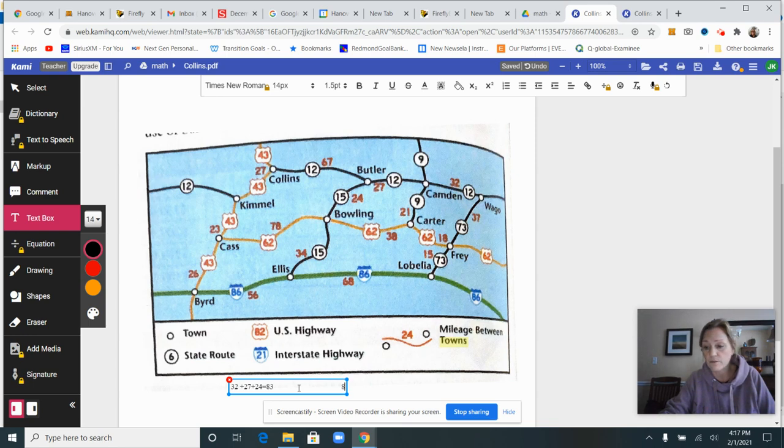So we have 83. I'm going to use my division. Divided by 55 miles per hour. And you're going to come up with an answer. I hope you guys brought your calculators home. Okay, so let me get my calculator out.